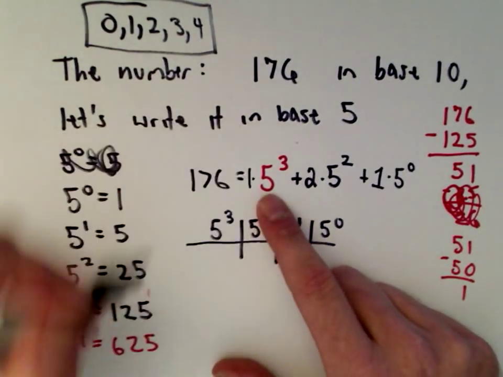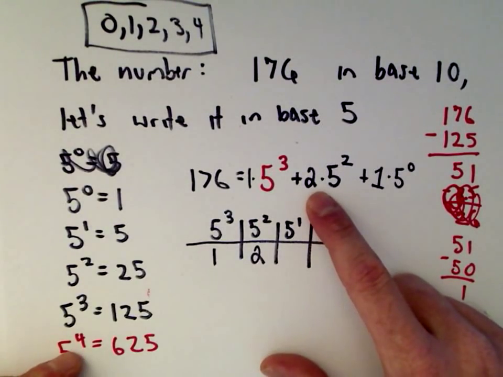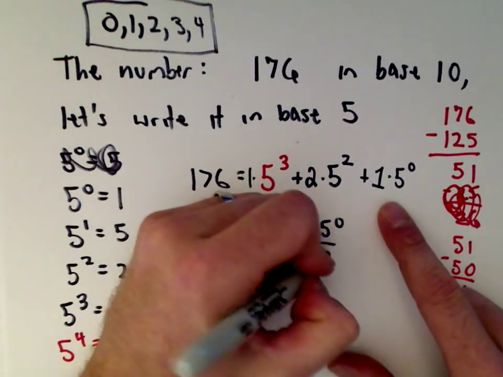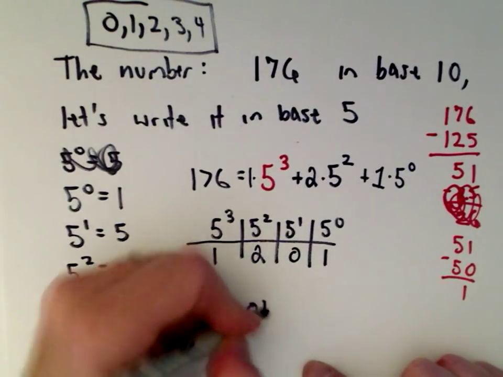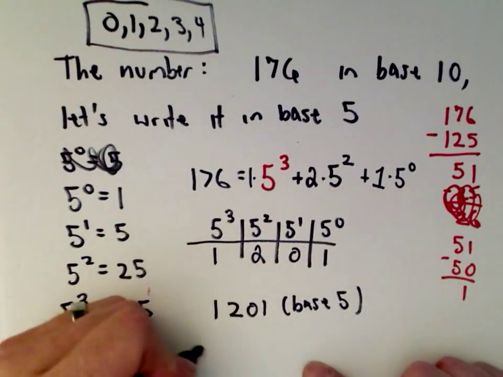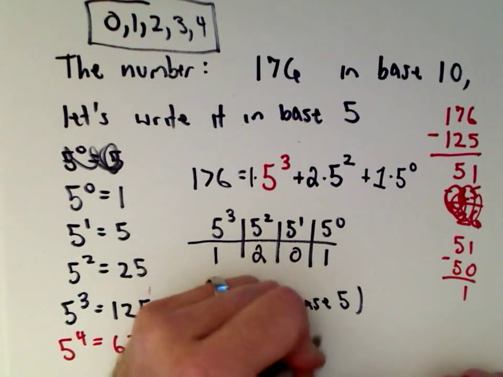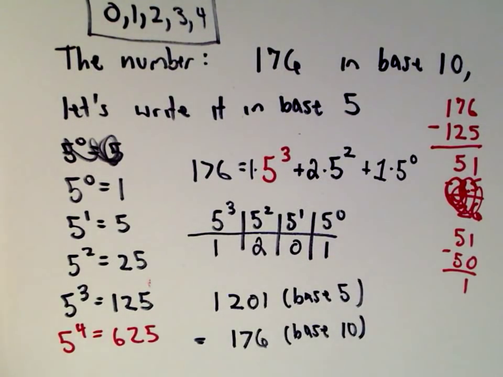We had 1 5 to the third, 2 5 squareds, 0 5 to the firsts, and 1 5 to the 0 power. So the number 1201, which is in base 5, is equal to the number 176 in base 10. Okay, all right, I'm going to stop there.